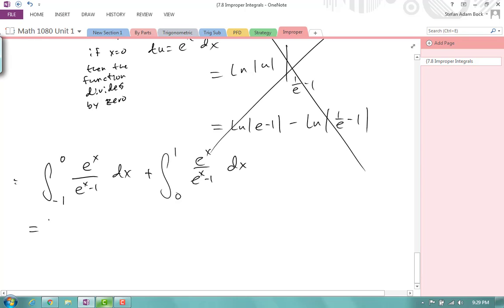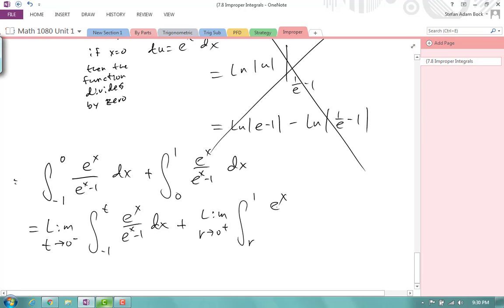So this is equal to the limit as t goes to 0 minus of the integral from -1 to t, e to the x over e to the x minus 1, plus the limit as r goes to 0 plus the integral from r to 1 of the same thing.